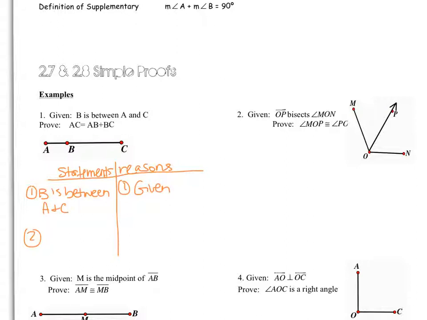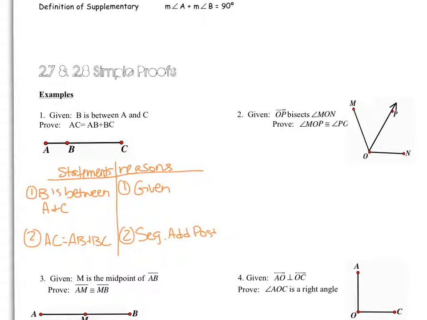And we want to prove that AC equals AB plus BC. But we know why we can do that. That's called the segment addition postulate. So sometimes proofs are just really, really short.